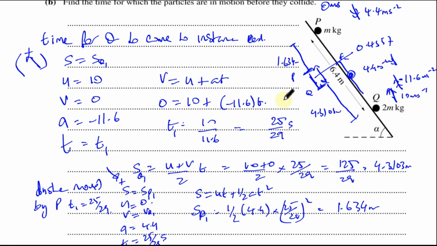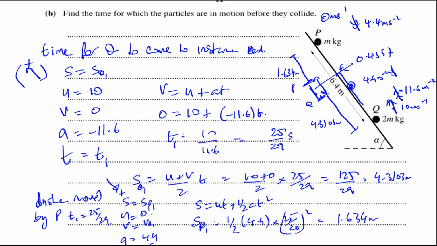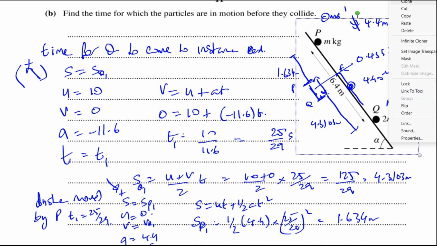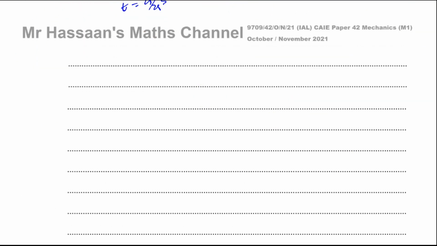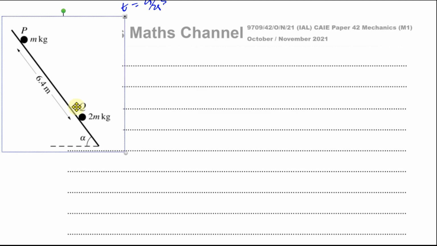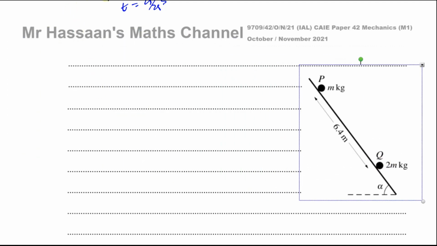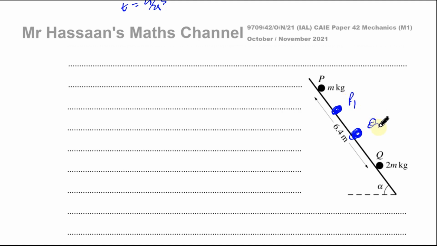So now we have a kind of new situation. So I'll just take this and make a little diagram down here to deal with that. So we have a new situation where they're both moving down the plane. So P has reached a certain level, which is say over here. Okay, and Q has reached a certain level, which is over here. So let's say this is P1 and Q1.